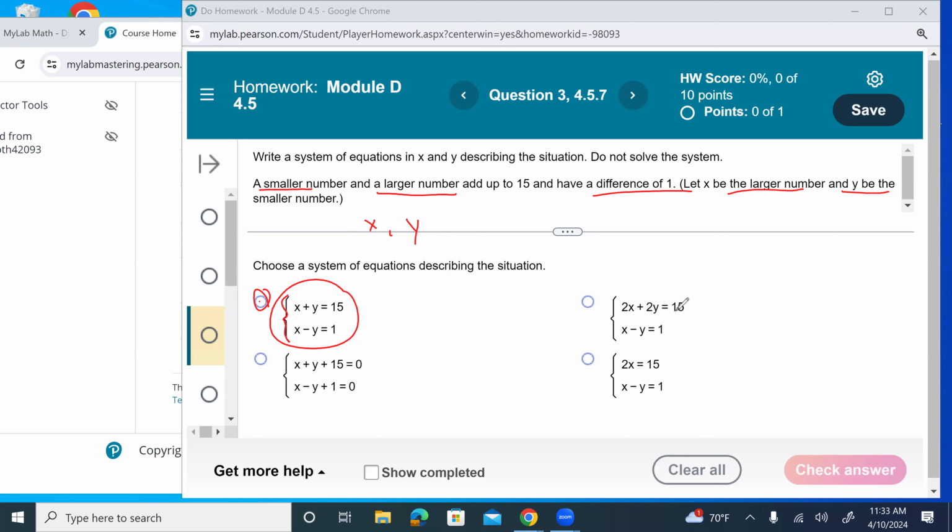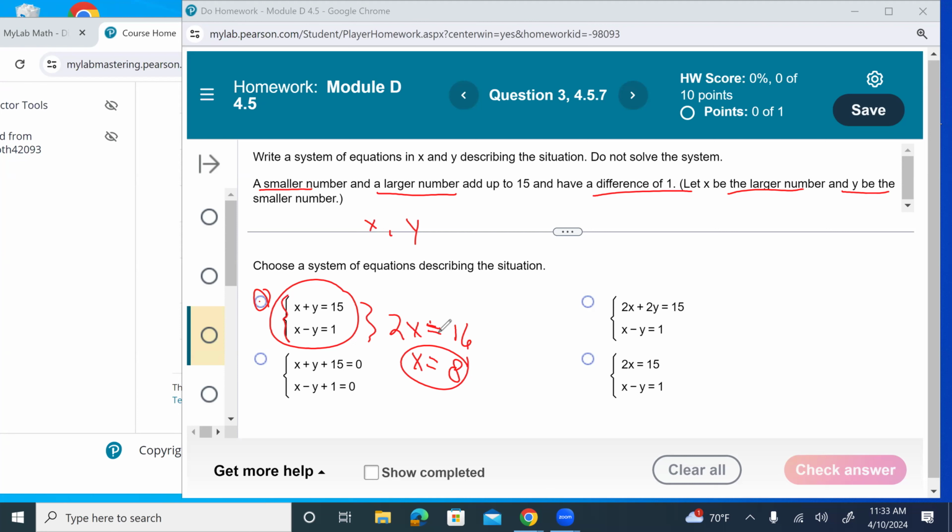If I just add these two together, I get 2x equals 16. So x equals what? 8. And then what would y need to be? Show me what y would need to be.